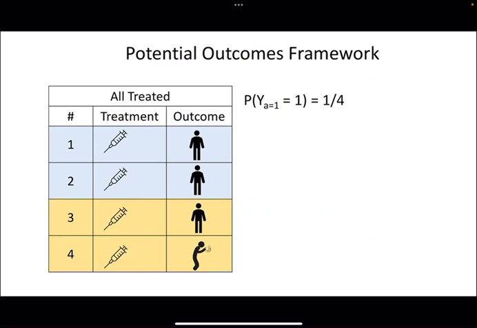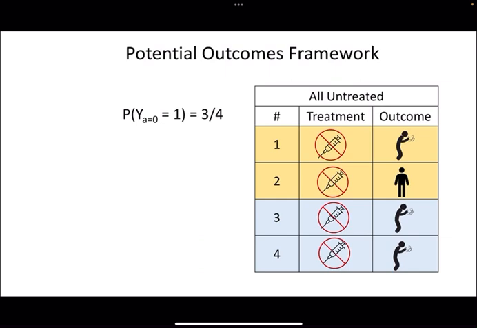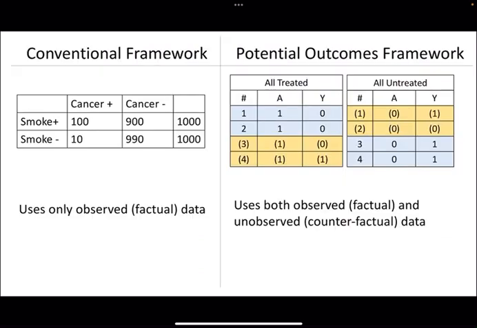So that's a quarter of the people getting the outcome in this situation where everyone's treated. In the situation where no one is treated, we can see that 3 people got the outcome, 1, 3, and 4, but individual 2 did not. So 3/4 of people get the outcome when no one is treated.